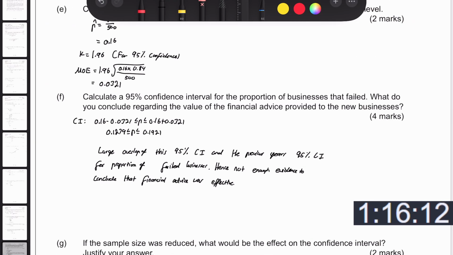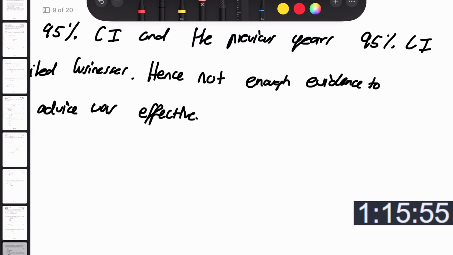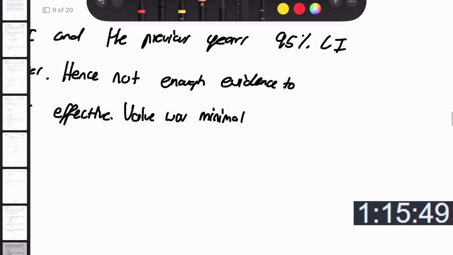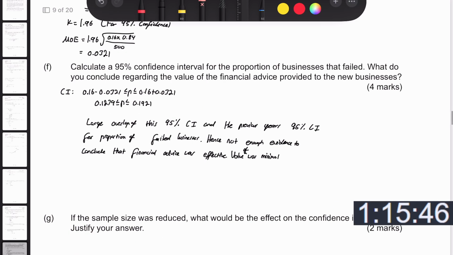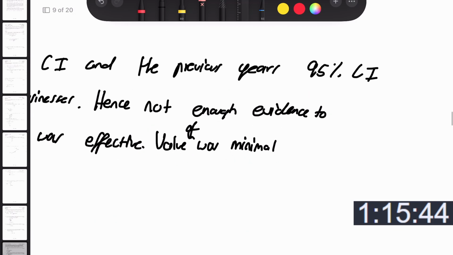Regarding the value of the financial advice provided to the new businesses, careful: the value was minimal. Value of advice was minimal.